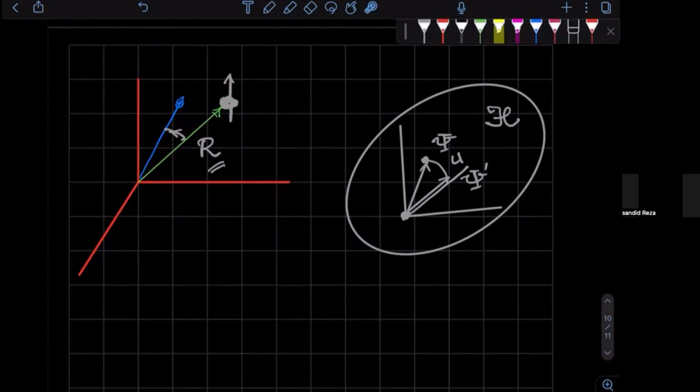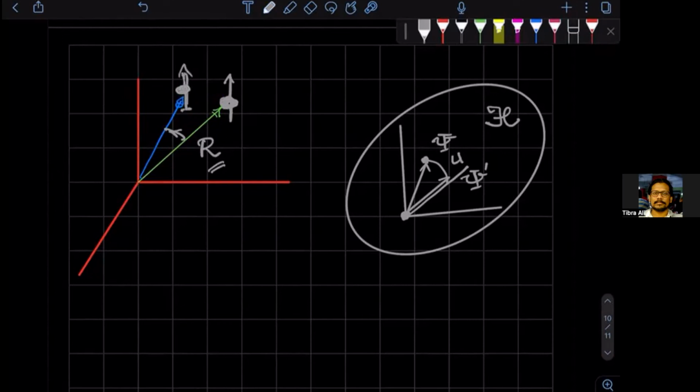Some people are colorblind, so let me know if you have a problem seeing the green arrow and the blue arrow. The green arrow is the initial position of the particle, and then you make a rotation of the particle such that it ends up at the position of the blue arrow.